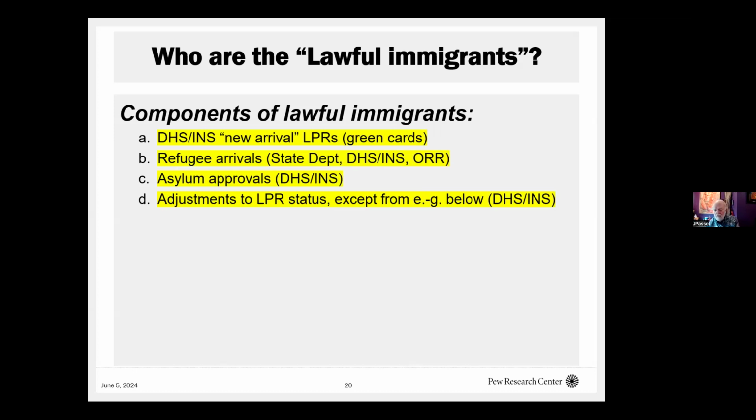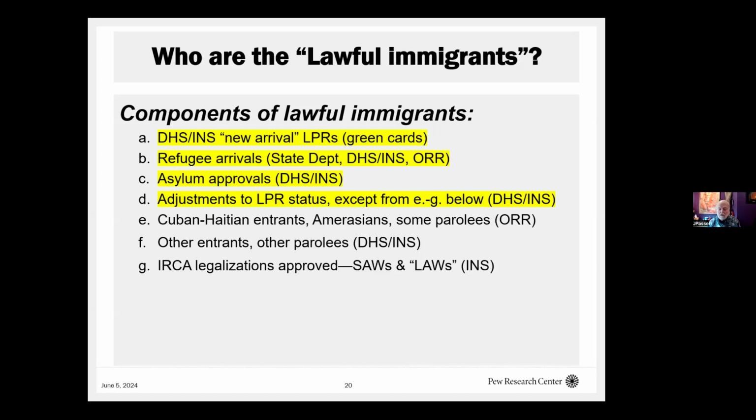And finally, there's a large group of people getting legal permanent residence who have been in the country on various temporary visas and they adjust their status. So we add them in at the point where they adjust, but they go into different years. There are a variety of smaller categories that we add when we get the data.